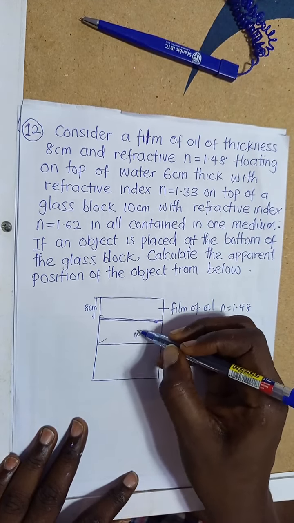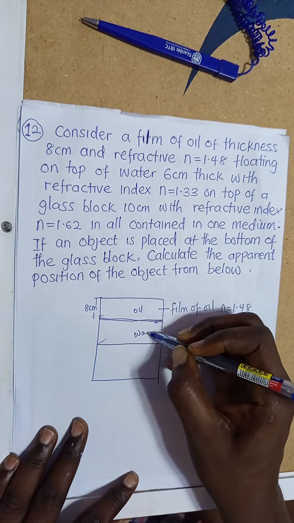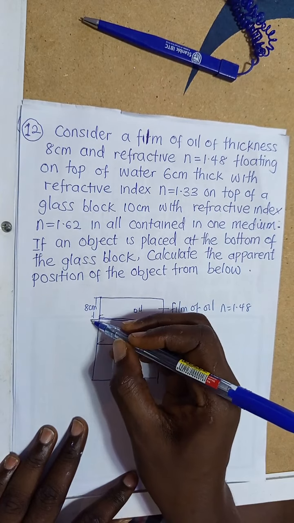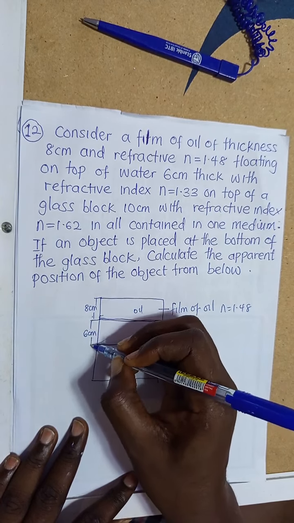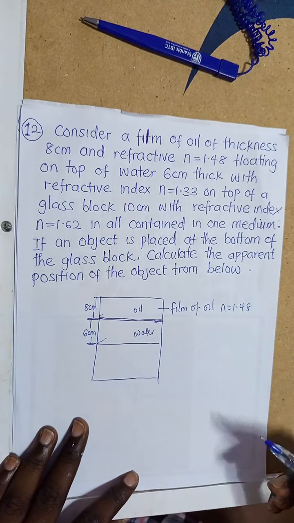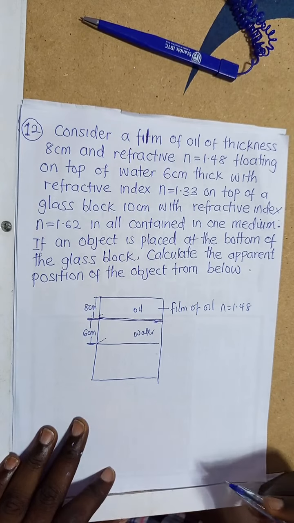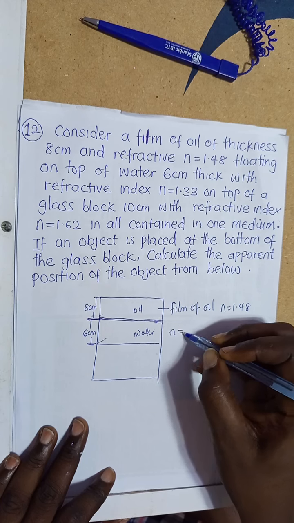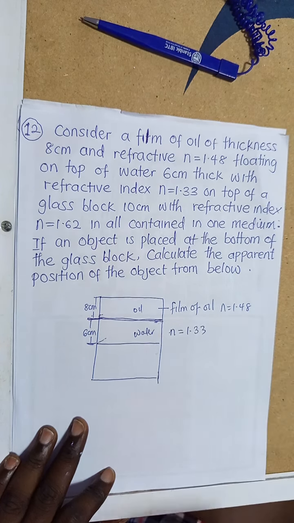This is oil, this is water. What is the water thickness? Don't mind my length, we are not using a meter or ruler so that you can measure it, so it's just assumptions. The refractive index of water is 1.33.